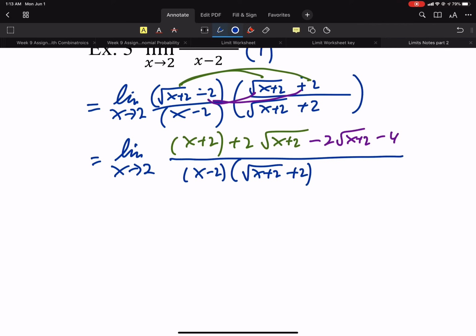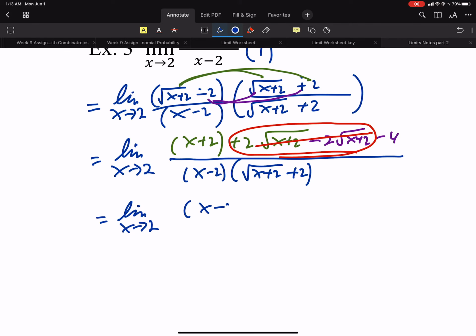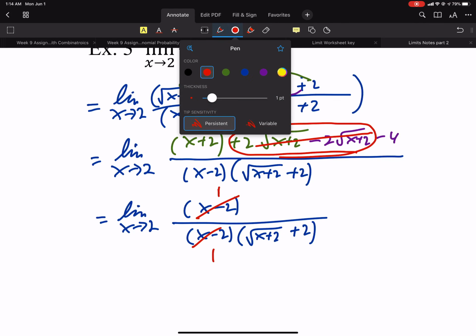Well, on top, nicely again, because I multiplied by the correct thing, those cancel. Let me rewrite this. I'm going to get the limit as x approaches 2. On top it simplifies to x minus 2. On the bottom, I have x minus 2, and then radical x plus 2 plus 2. Nicely, these cancel magically.